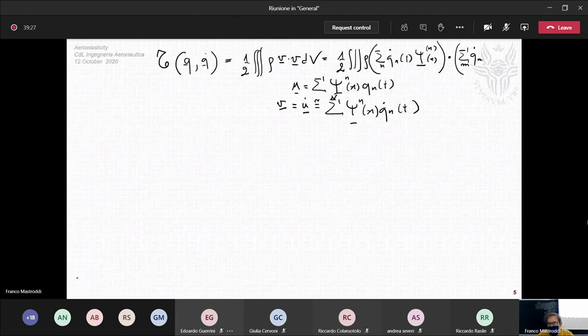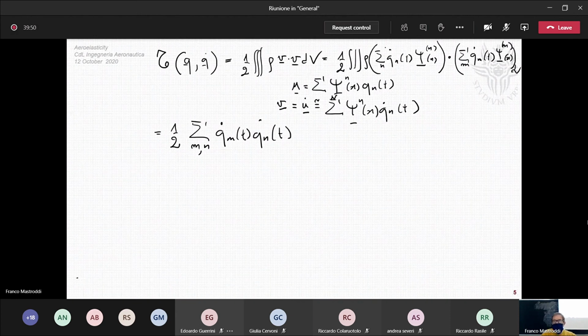Dot m(t) psi m(x) dV. And so this kinetic energy is 1/2 times a double summation over m and n of q dot m q dot n, out of the integral, because this integral is a space integral, not in time.